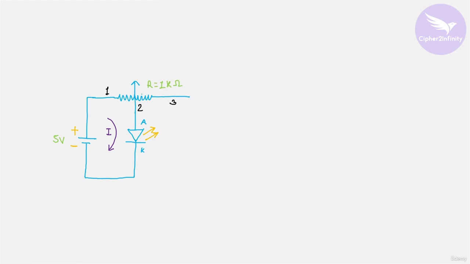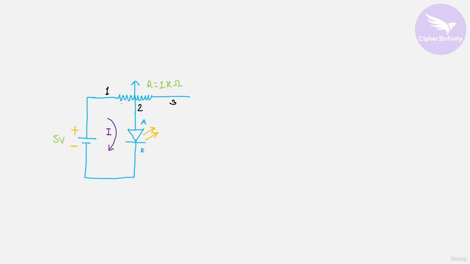Based on the value of the potentiometer, the current is going to flow in this loop. If we rotate the knob of the potentiometer, the resistance of this loop changes, accordingly the current flowing in this loop changes, and based on the value of current, the intensity of this LED changes.